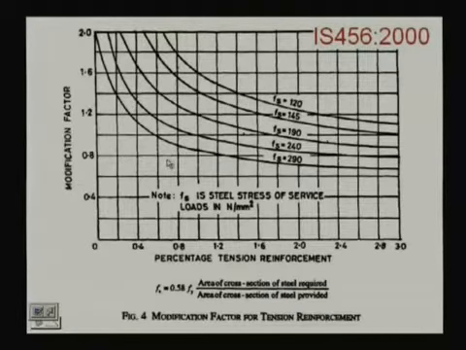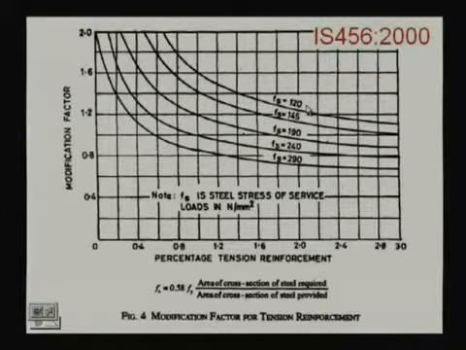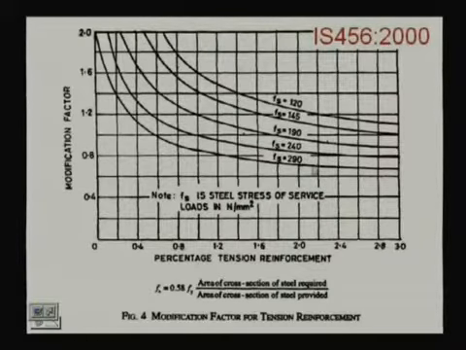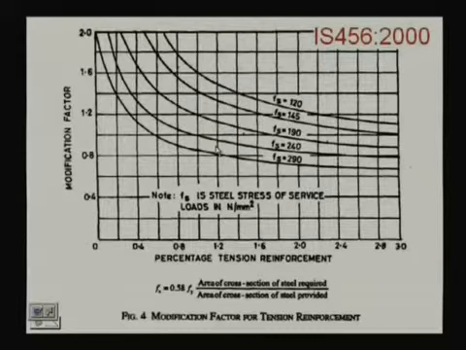For 0.373%, there are so many stress levels, Fs 120, 145, 190, 240, 290, but it is not directly related to the Fe415. We have to do a certain kind of modification. What is the modification?